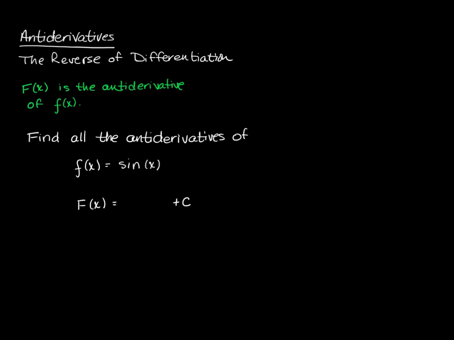So if you take the derivative of the negative cosine of x, you're going to get the sine of x. So the antiderivative of sine of x is negative cosine, but all the antiderivatives of sine of x are negative cosine of x plus a constant.